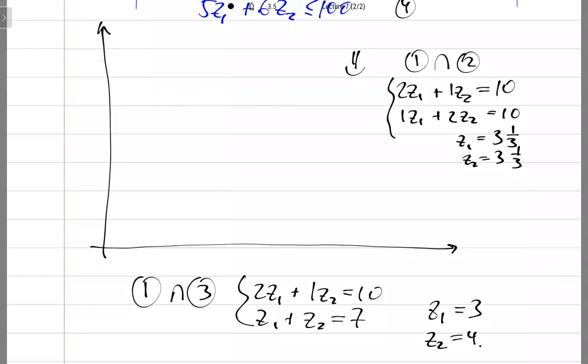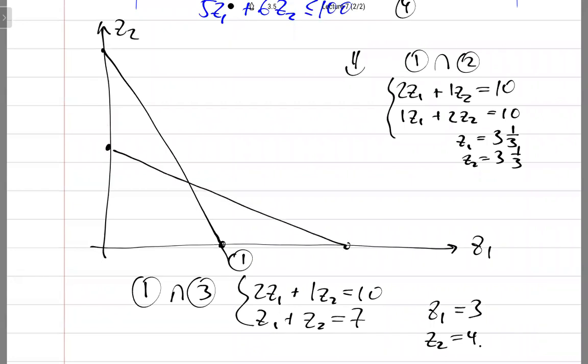Okay, once again, this is Z1, this is Z2, that is line 1, that is line 2, and that is line 3.